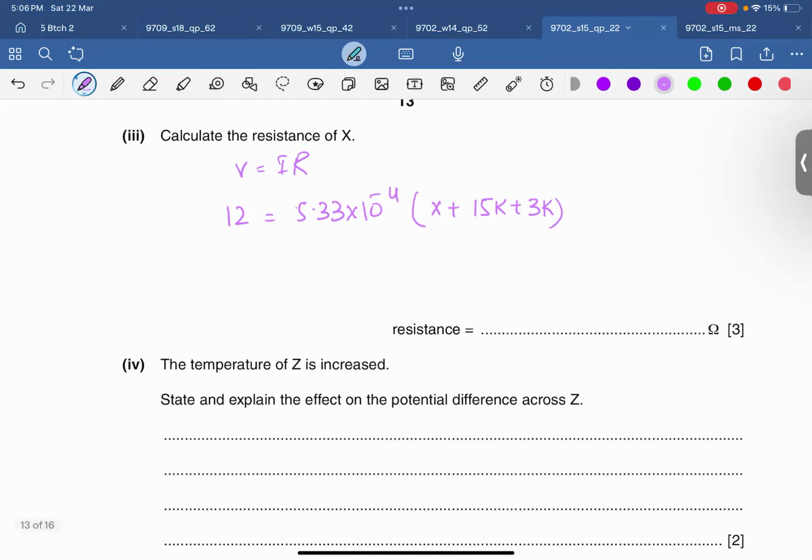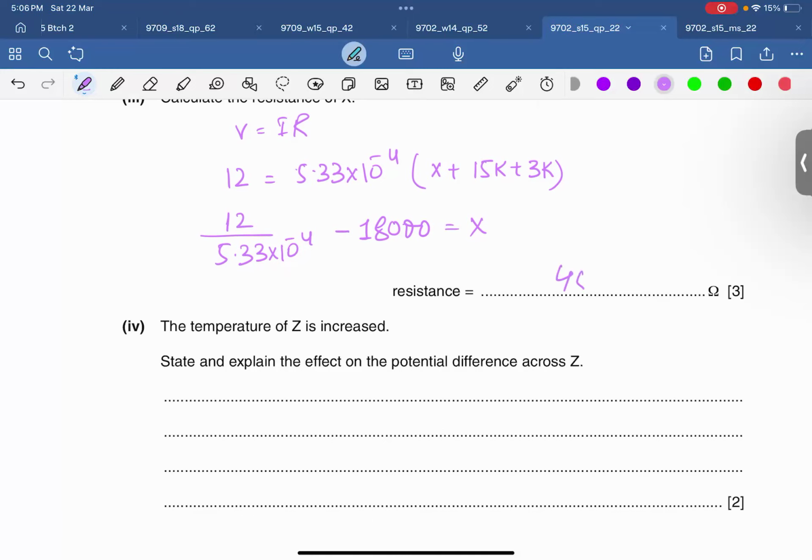So 12 divided by 5.333 exponent negative 4, and then subtract 18,000. This will give you the X. How much do you get? 12 divided by the answer, minus 18,000. I'm getting 4,500.